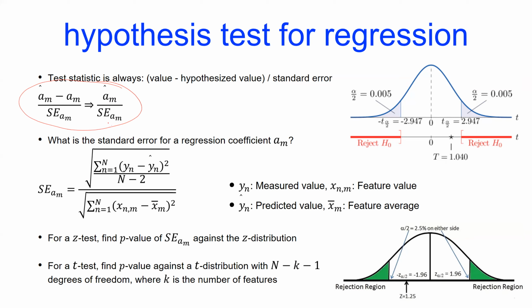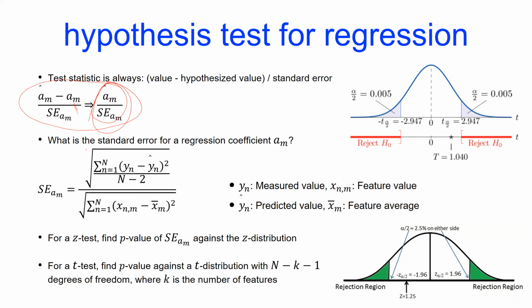Because you want to take away the a, but because the a you assume is 0 in your null hypothesis, you end up testing this. I hope this reminds you how you calculate the z-score, right?